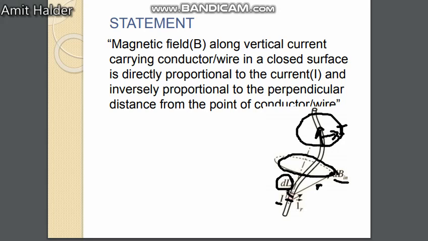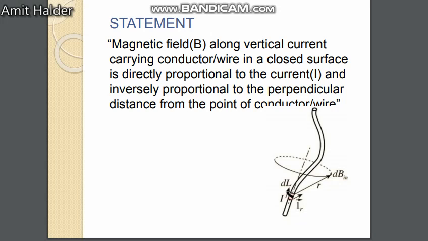If we take a certain dB, the magnetic field contribution from a small element, and a point at distance R from it, the field is inversely proportional to R, and proportional to the current that flows here.